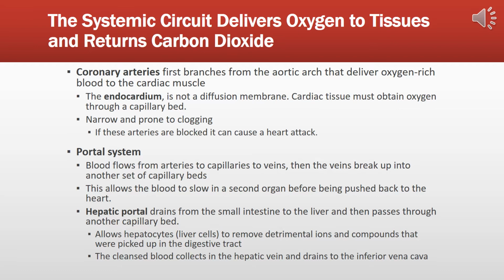The cleansed blood then collects in the hepatic vein and drains to the inferior vena cava. So just remember what a portal system is, and keep in mind what the hepatic portal leads into and what's done to the blood by the liver there.